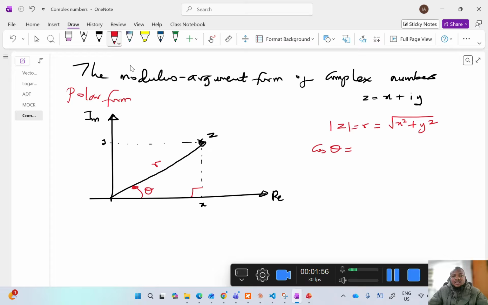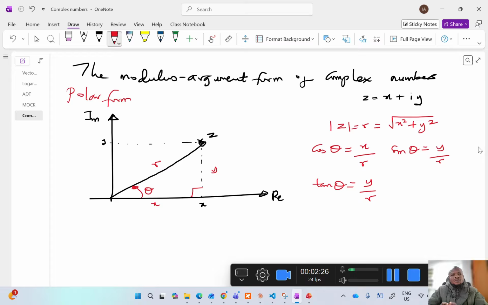The adjacent is x, so this is x over r, and sine theta is opposite over hypotenuse, so this is y over r, and tan theta is equal to opposite over adjacent, which is y over x. These are just gotten from the Pythagoras theorem.